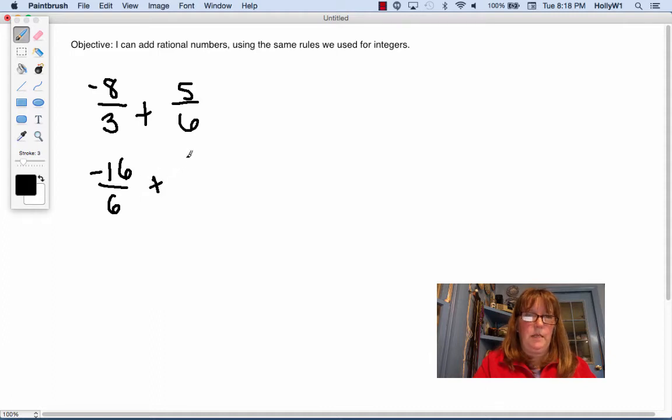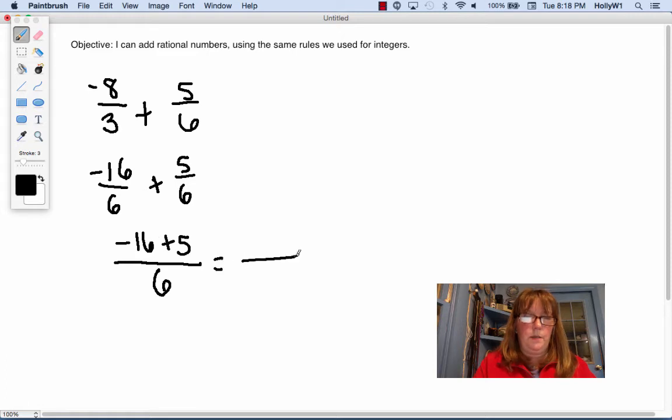And I'm still adding this to 5/6. Well, let's think of it this way. We know the common denominator stays there, and we're going to think of it as negative 16 plus 5. We remember how to do this from our integer days. If we have negative 16 and we add 5 to it, it ends up being 11/6.